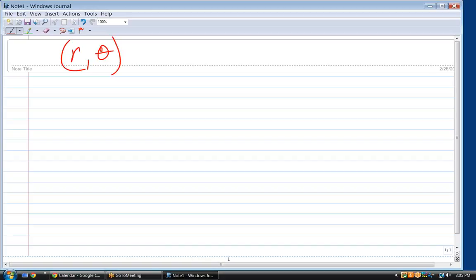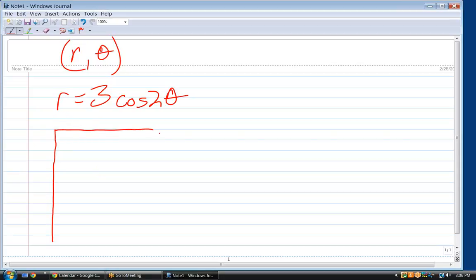The equation is r equals 3 cosine 2 theta. So they want you to make a table of this and then graph it based on that table?